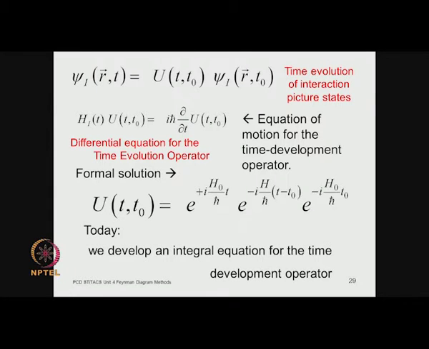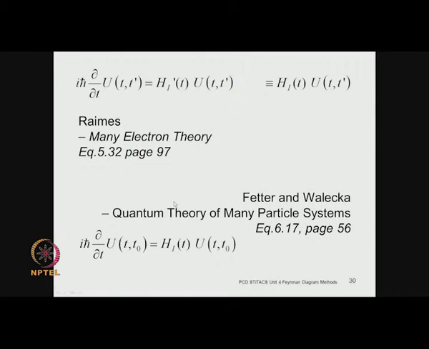Now, what we are going to do today is to develop an integral equation for the time development operator, because you can set up the equation of motion either as a differential equation as you see over here, or as an integral equation. So, mind you, I have added a subscript I to remind us that this is the interaction picture time evolution operator, and the primary references are these 2 books, Rammer and Fetter and Walecka.